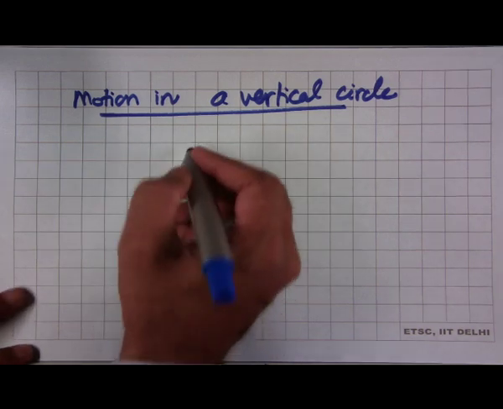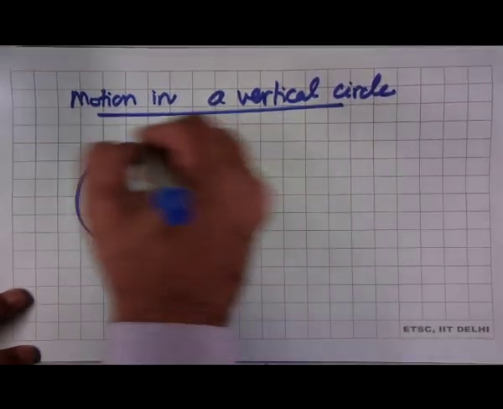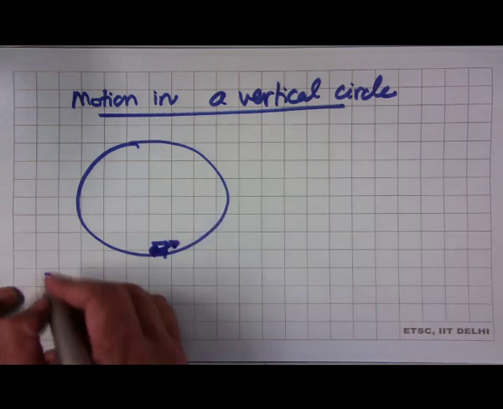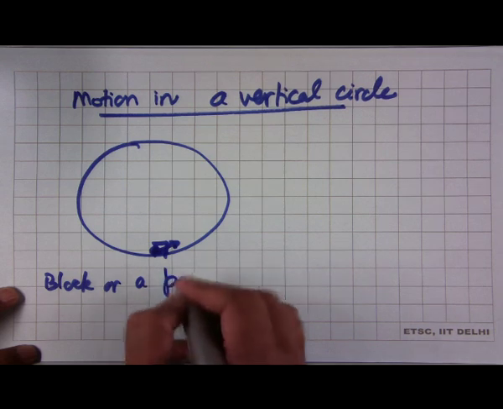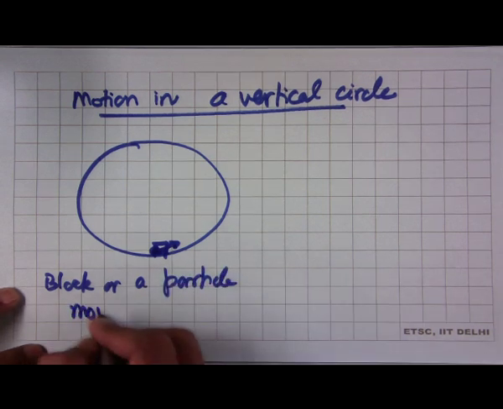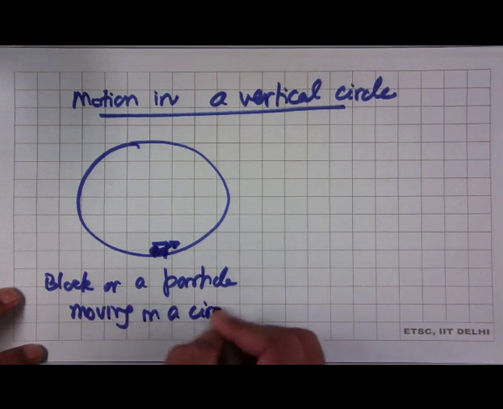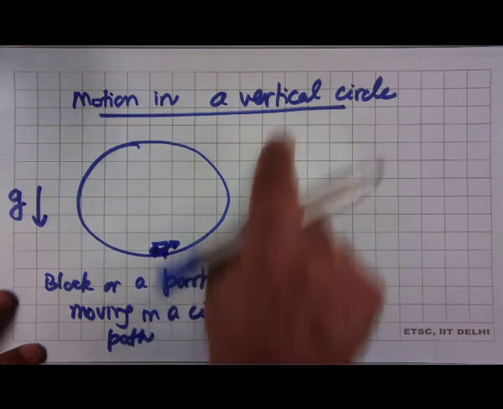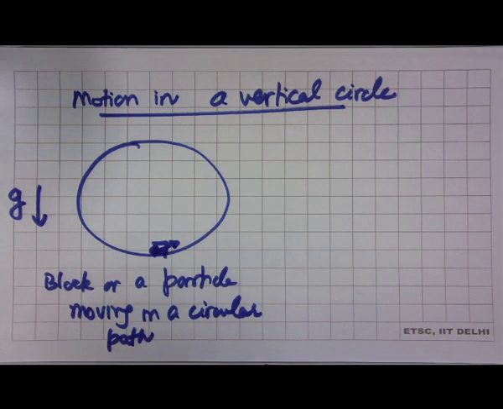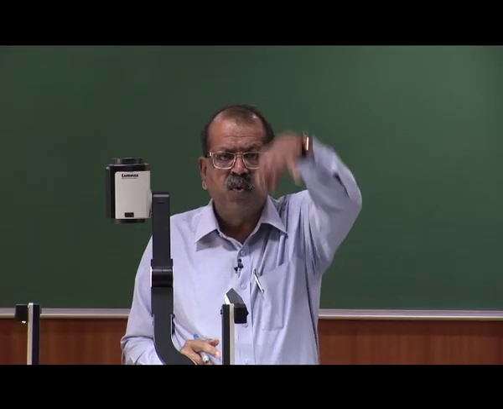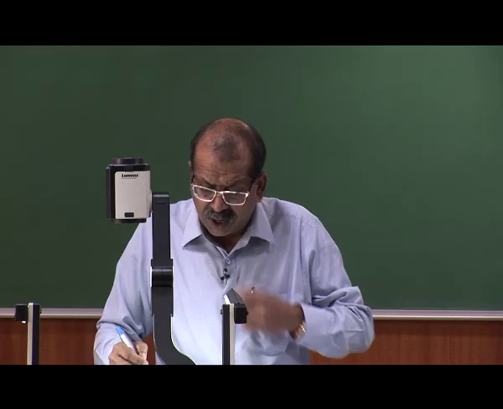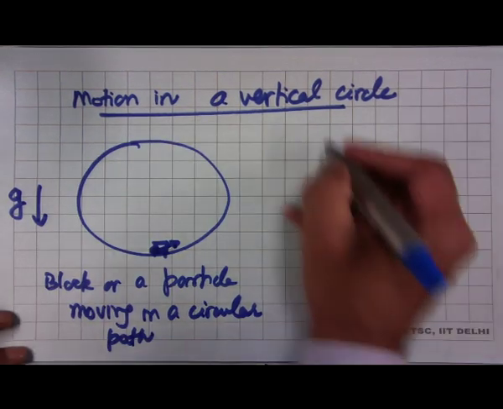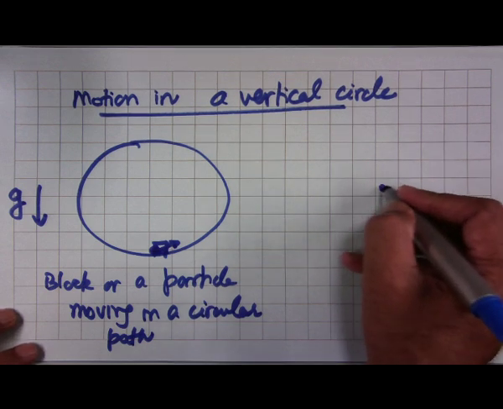One is we have a block or a particle which is moving in a circular path, and here by saying it is a vertical circle means gravity is acting vertically downward. It is something like a ring which is kept vertical, and on that block or particle or an insect is moving on the ring.